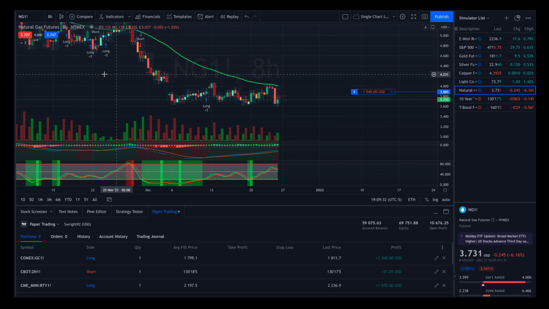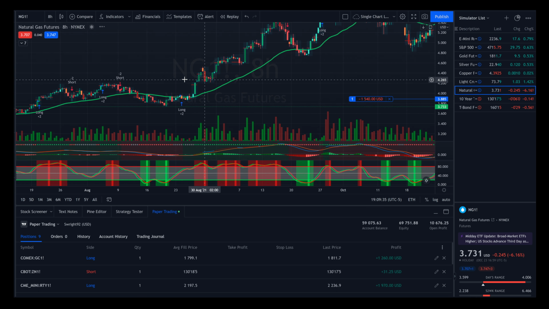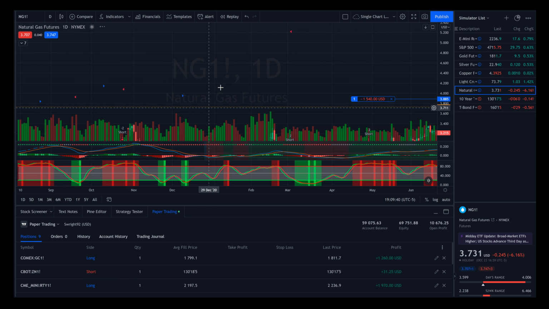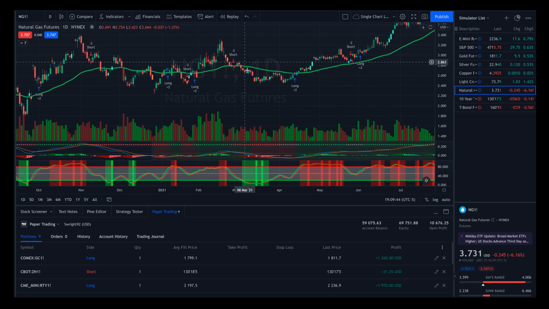However, this year, if we go all the way back, I'm just going to move this up to 1 day so I'm not scrolling forever. We go all the way back. We're down in the mid 2 range, up to 3.25.